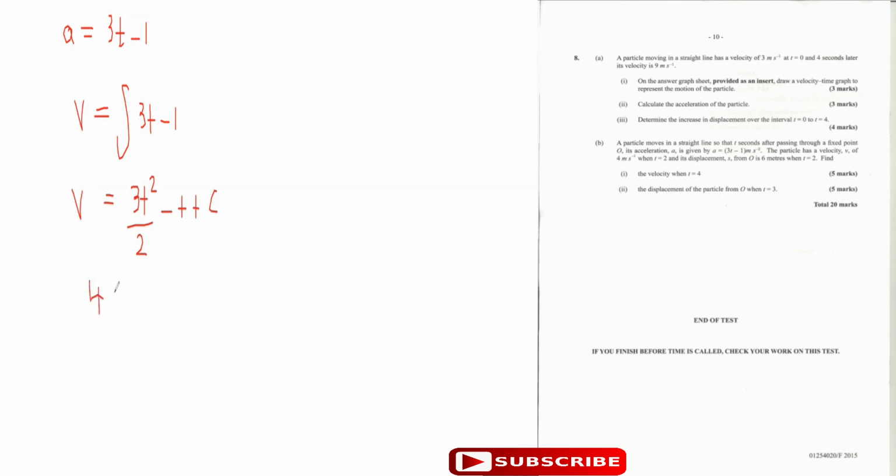So when the velocity is 4, we're getting 3 times 2 squared over 2 minus 2, plus c. This will allow us to find the constant c. So work that out, 3 times 2 squared divided by 2 minus 2. And so c works out to be 0.